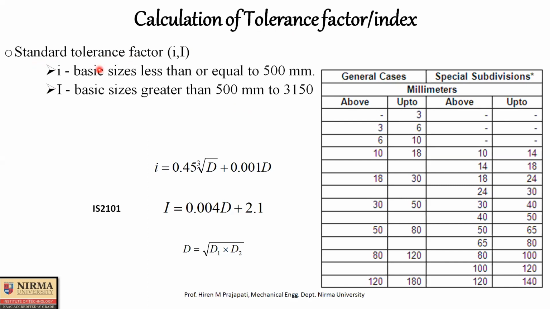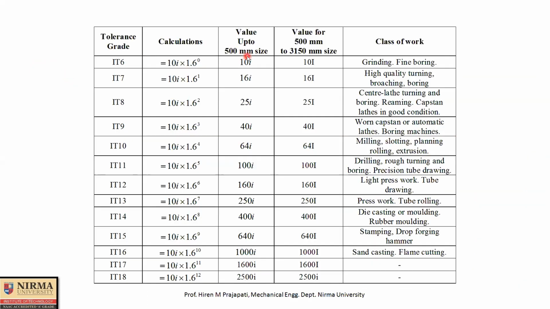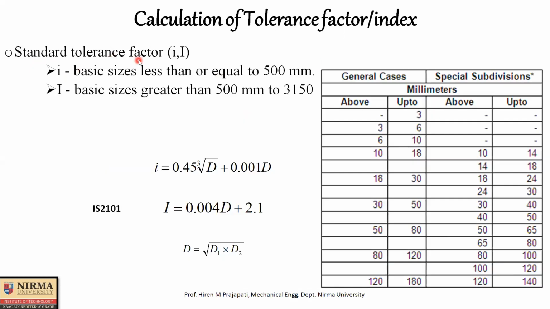Up to 500 mm basic size, small i is used, and in the range of 500 to 3150 mm, capital I is used as the tolerance factor. Both have different equations. The small i equation is 0.45 times cube root of capital D plus 0.001 times capital D.